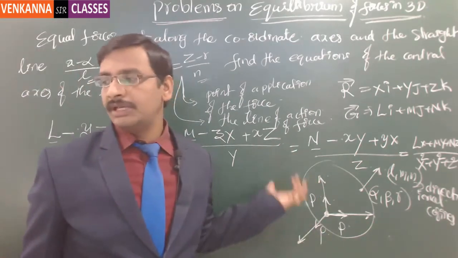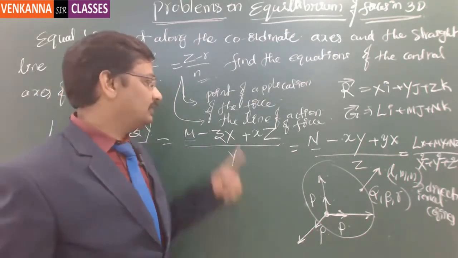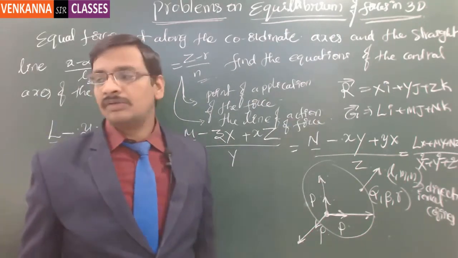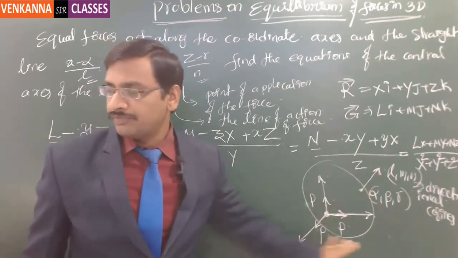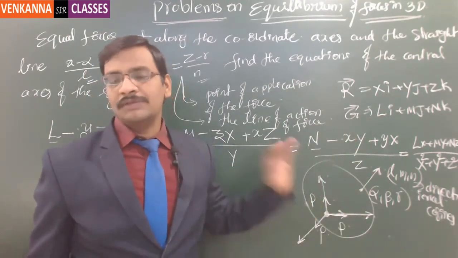You will keep them in the equation itself, right? So the only information you have to be aware of is G and R. From this information we have to get the values of R and G. That is the first criterion.